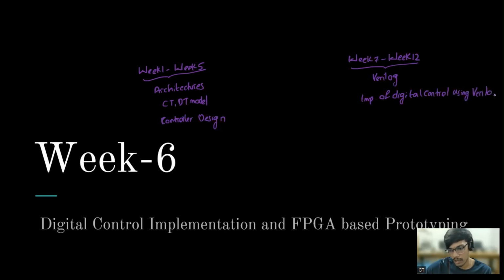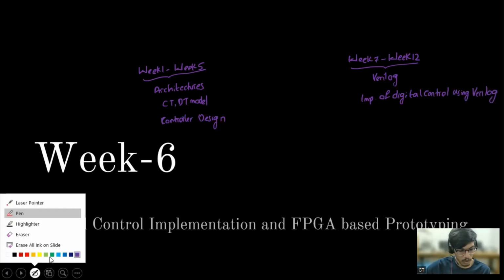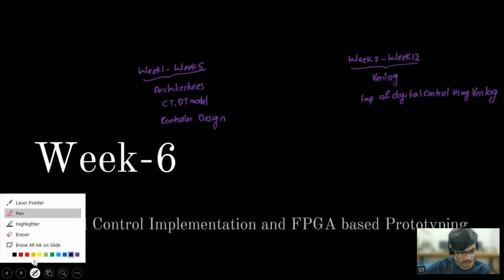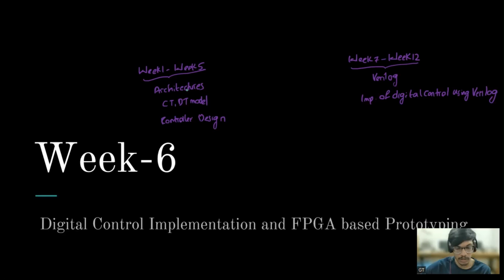But before we go into the actual implementation, in week 6, let me use another color, maybe green. In week 6, we will learn about ADC and DAC. Why do we need ADC and DAC? Because the ADC takes the analog signal and converts it into digital, which goes to the FPGA. So what architectures are available for ADC and DAC, and what we have used in the hardware prototype.